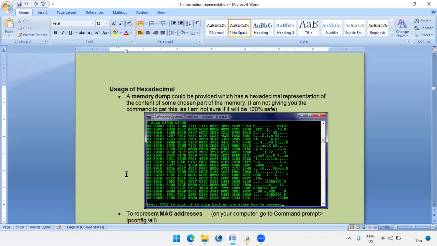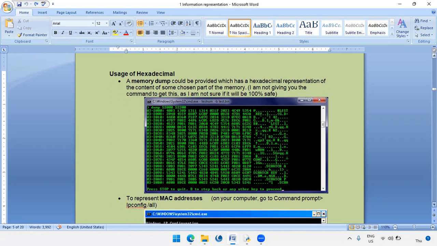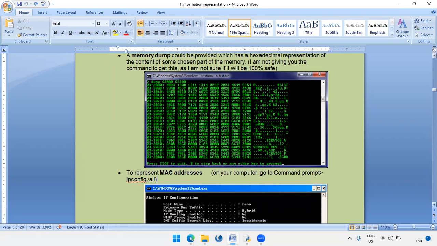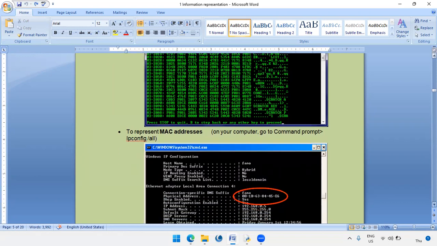If a program crashes or something, when you complain, the programmer will ask for a memory dump. What was there at that time? Then the programmer can go through each address and the values. These are hexadecimal values, and then find out what was the cause of the error, and then you can correct it. So for that, hexadecimal is used.